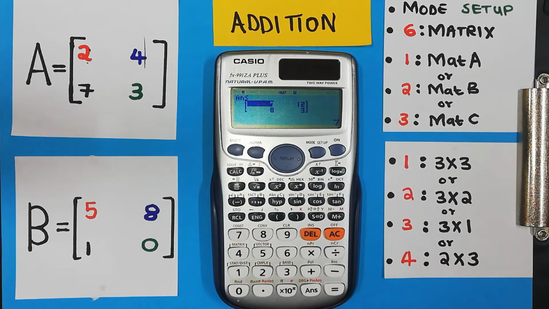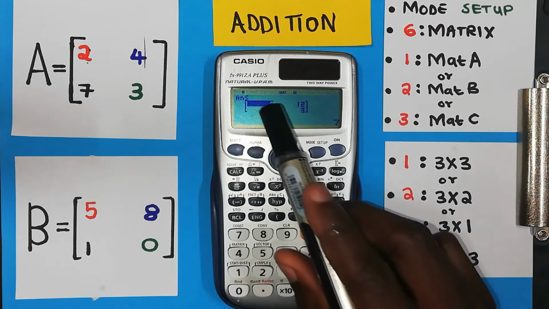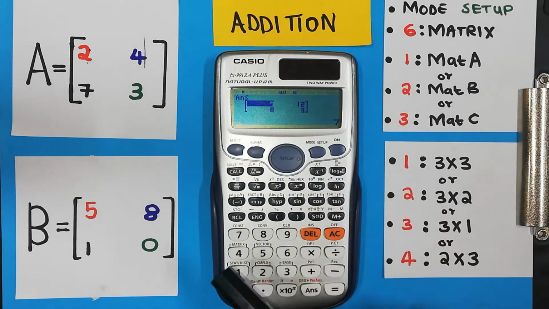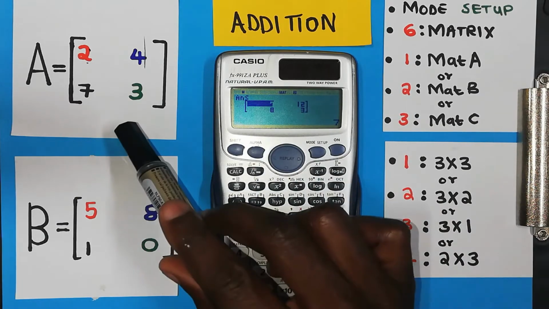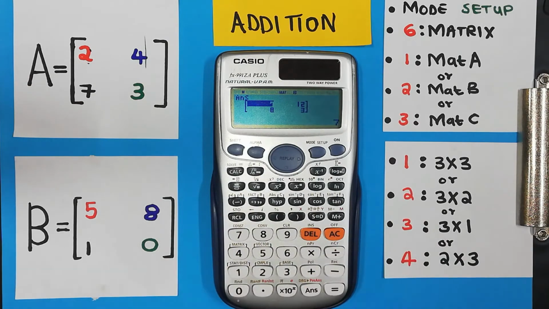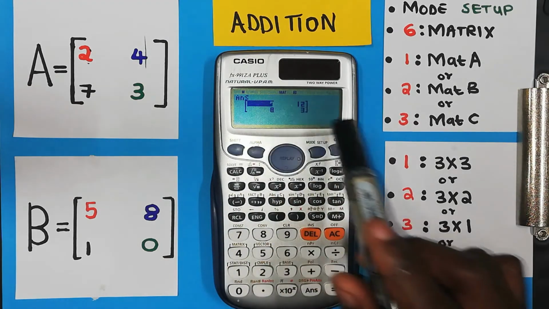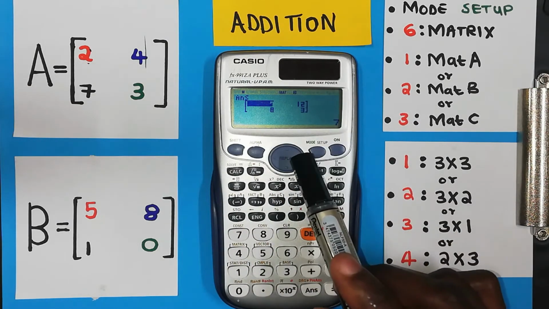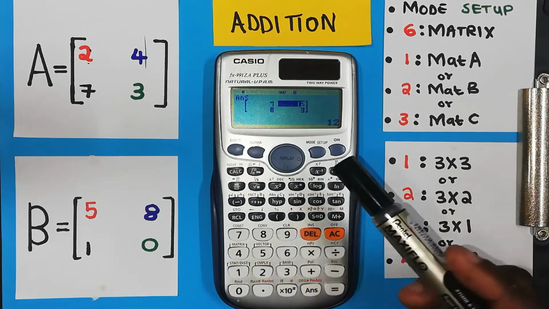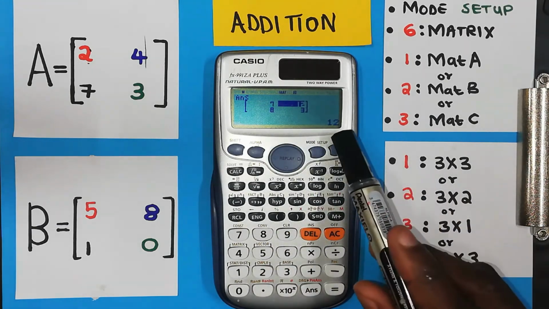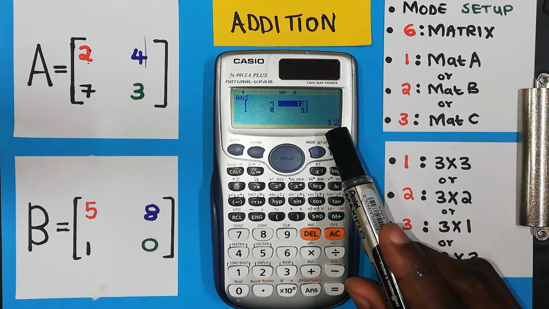Then you press the equal sign. This is the answer when you add matrix A and matrix B. If you can't see properly here, just check at the bottom, because the shaded area sometimes you cannot see clearly, so you just check the numbers at the bottom.